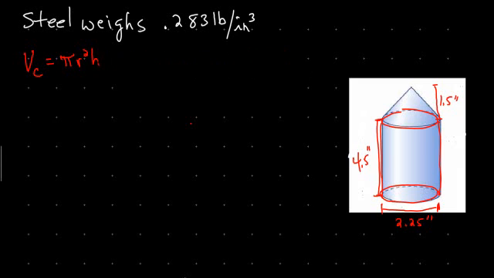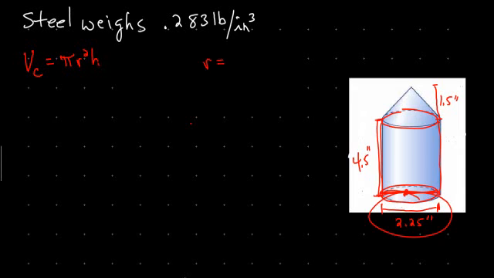Okay, so my problem was that my radius is not 2.25 inches. That's my diameter. My radius is going to be half of it. What this is telling me is that the whole way across is 2.25 inches, but I need halfway across. So let me go over here on the right.